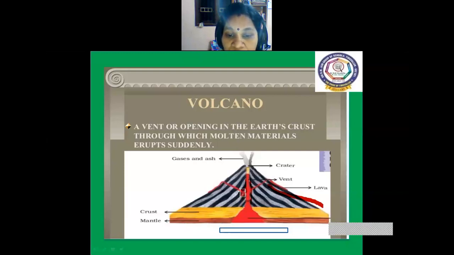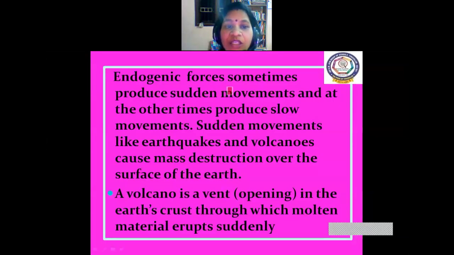See, the form of a volcano. This is gases and ash. This is the vent. The endogenic forces sometimes produce sudden movements and at other times slow movements.